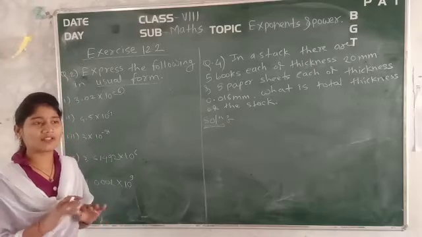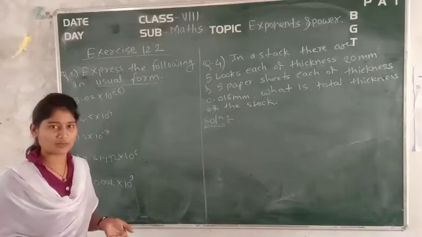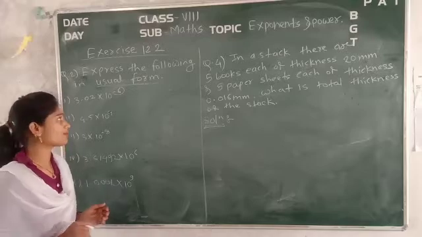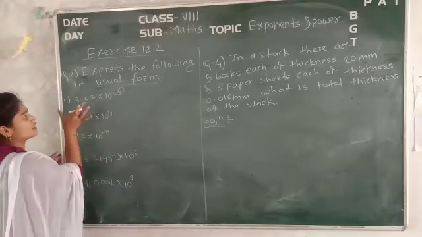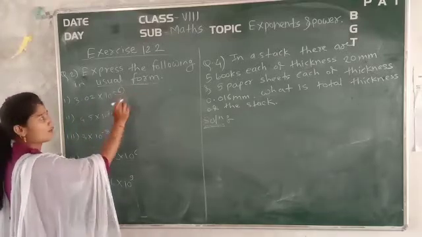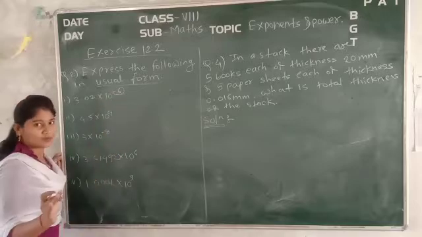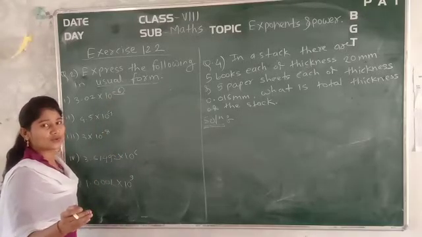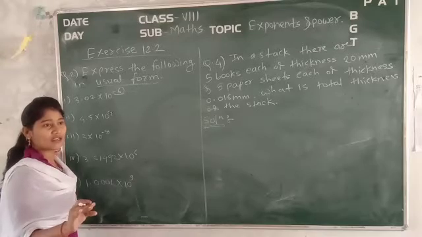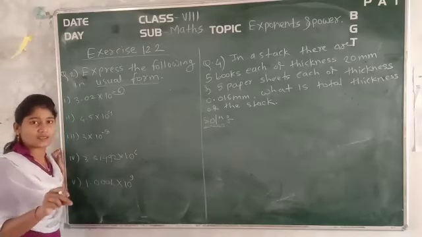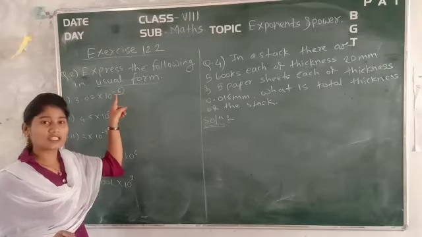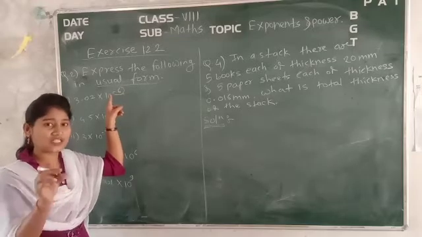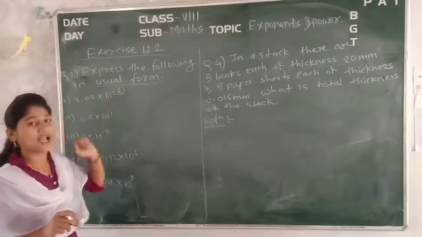When we convert standard form into usual form, we have to focus on the exponent and whether this exponent is positive or negative. That is the most important thing, because you have to move the decimal point by this exponent only, according to how many digits and which sign is there.